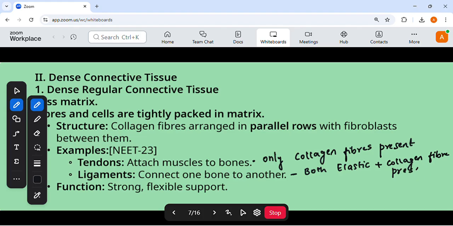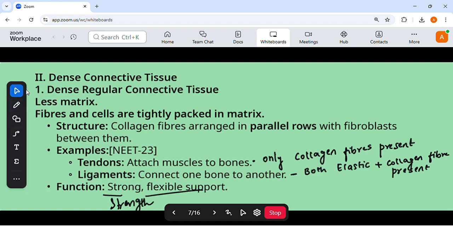Clear? What is the function of dense regular connective tissue? You see tendon and ligaments, for movement, for flexibility, provide strength, okay, strength basically. Clear? This is about dense regular connective tissue.